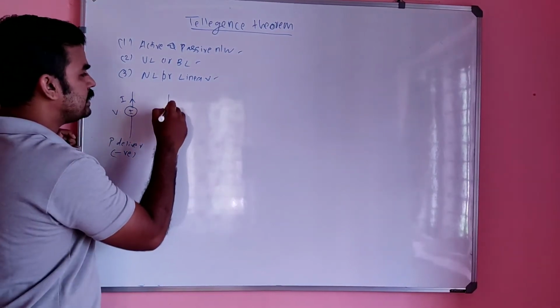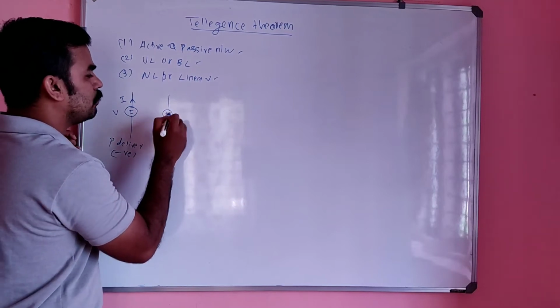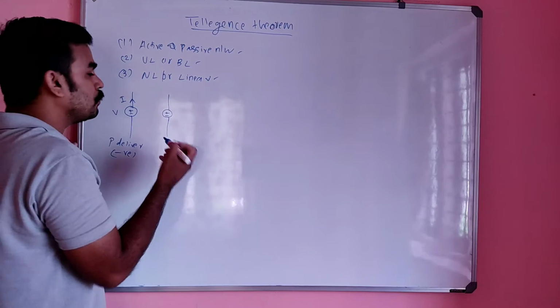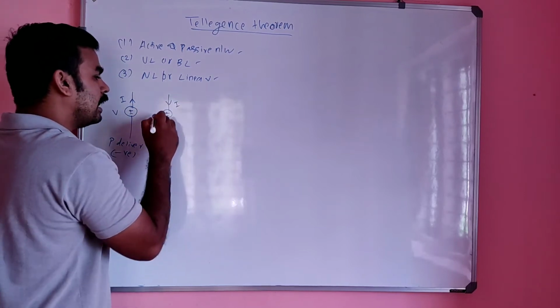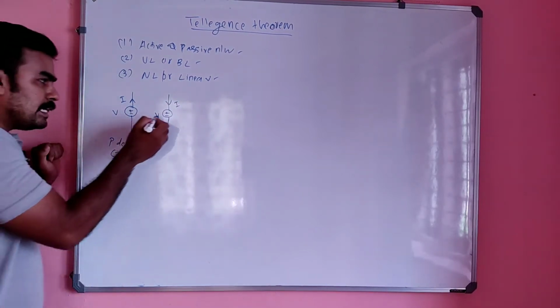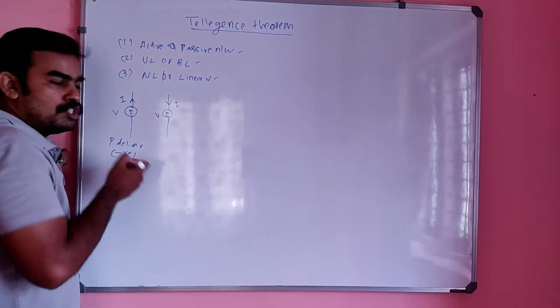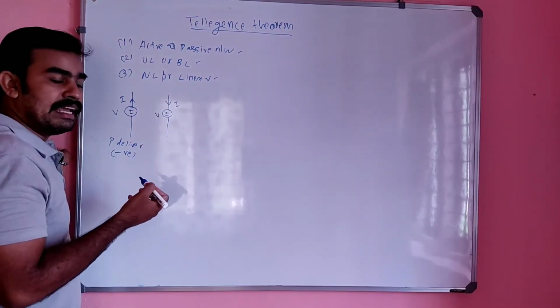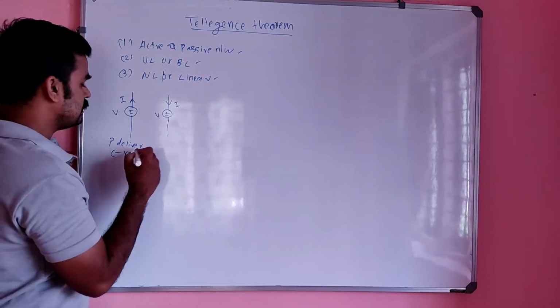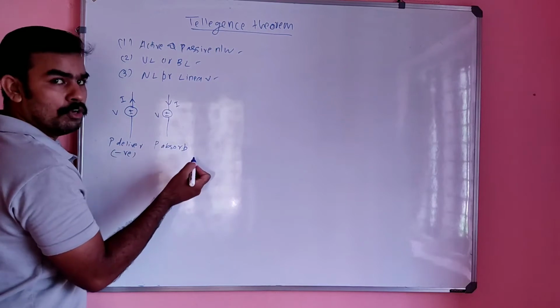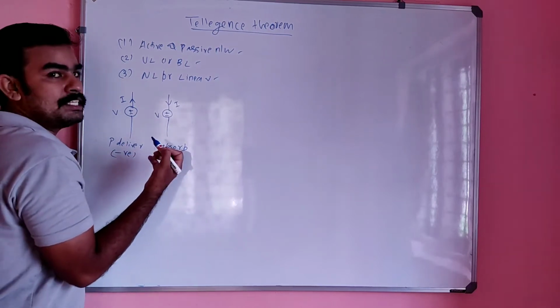In some other cases, you may notice a branch of a circuit diagram like this. This is current I, and this is V, which means the voltage source is absorbing the current I. Anything which absorbs current means P absorb, and P absorb is always positive.